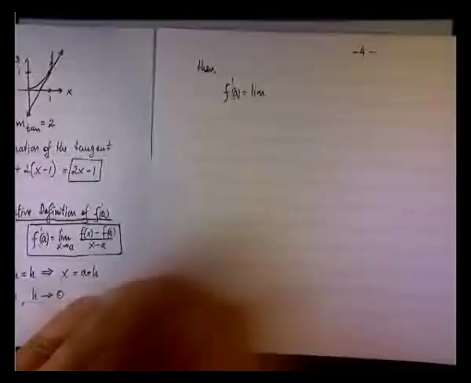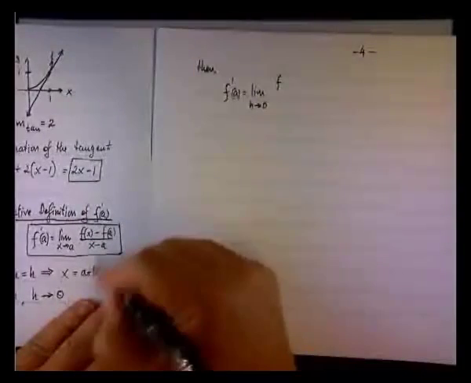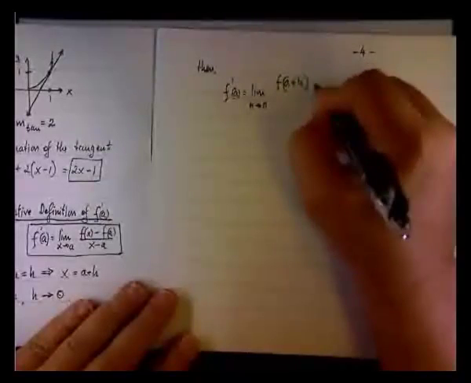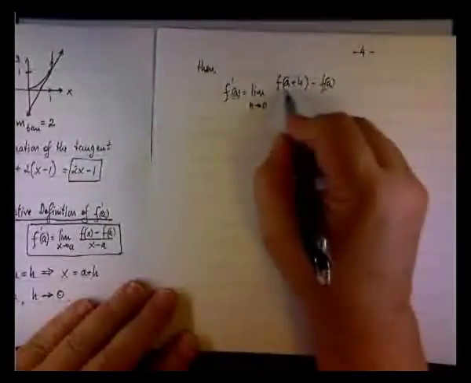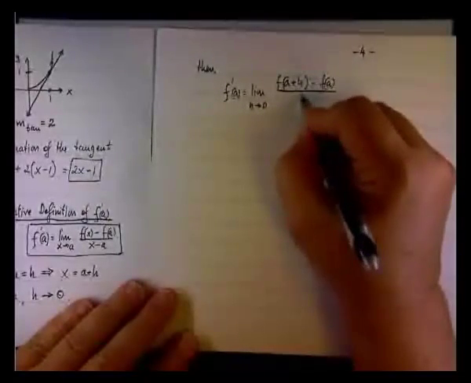F prime of a is now the limit, where instead of x approaching a, h approaches 0. And instead of f of x, we have f of a plus h, so it will be f of a plus h minus f of a. That doesn't change. And instead of x minus a in the denominator, we have simply h.